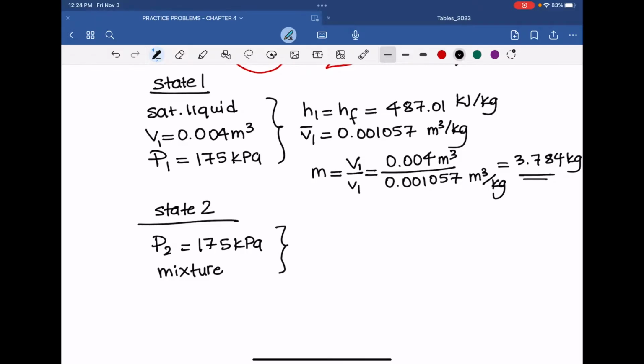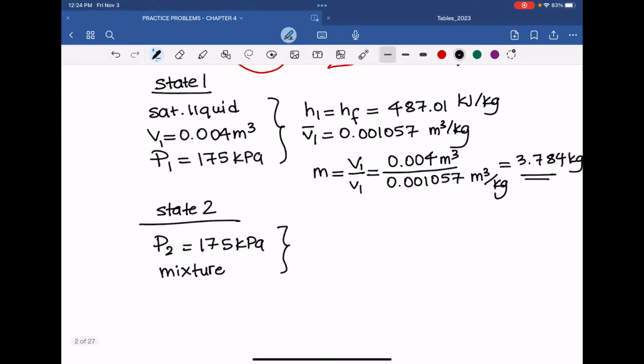So what you can do now, use the equations to calculate the enthalpy through quality, which is this equation. By telling you half of the liquid is evaporated, they're actually telling you the quality.